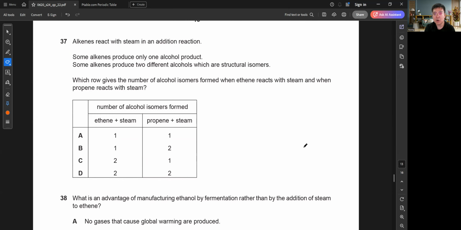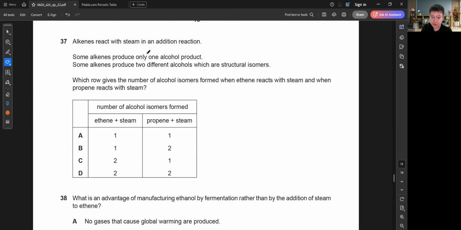37. Alkenes react with steam in an addition reaction. Some alkenes produce only one alcohol product, and some alkenes produce two different alcohols, which are structural isomers.